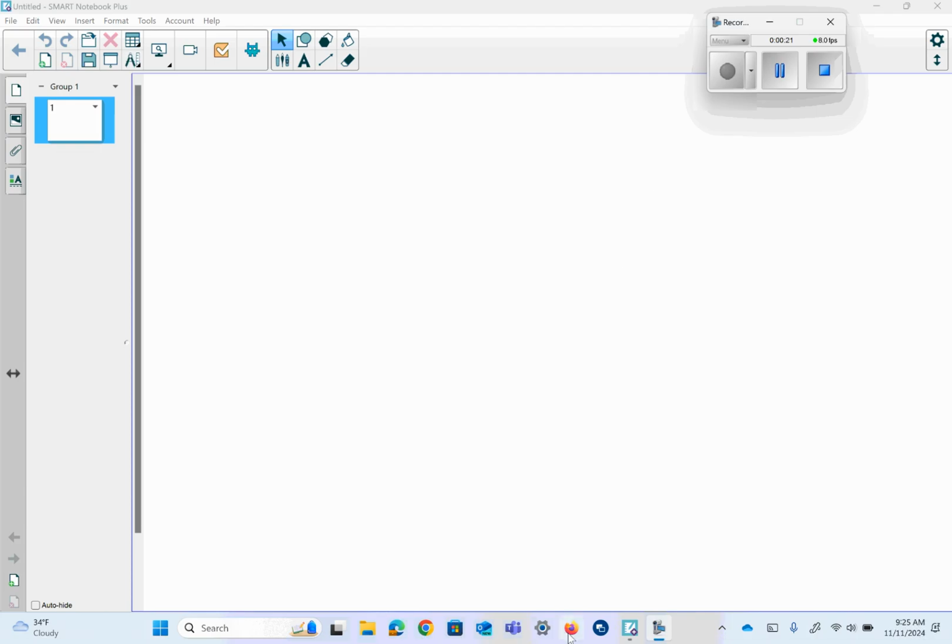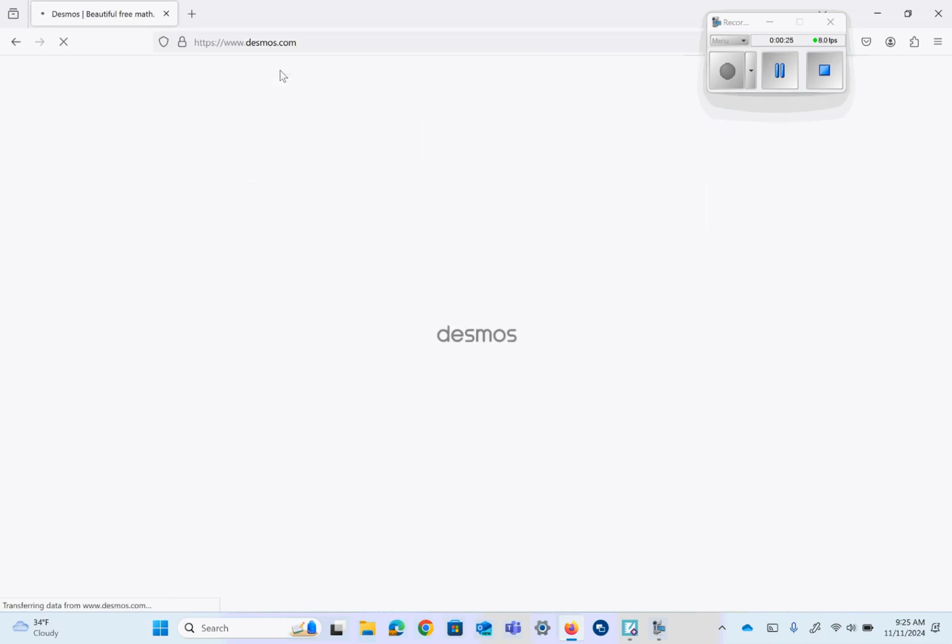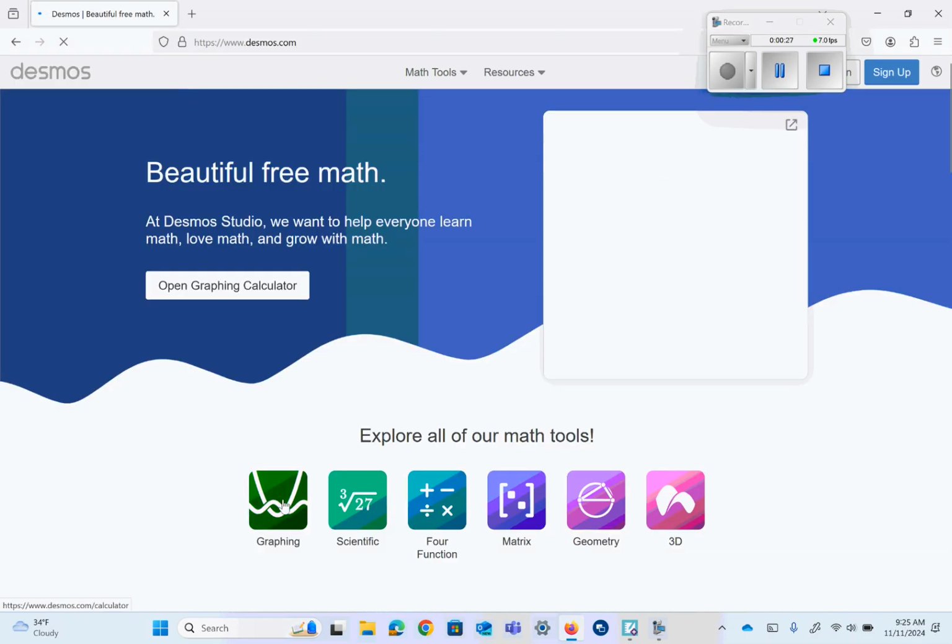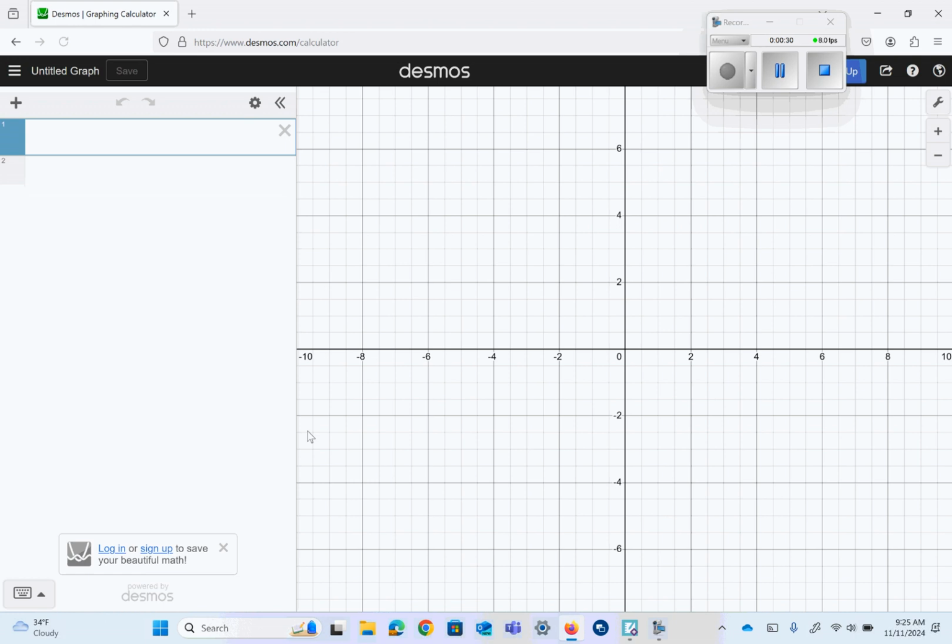So we're going to jump on to Desmos and plug the data in. Let's see. We've got to make ourselves a table. Just use the X value.